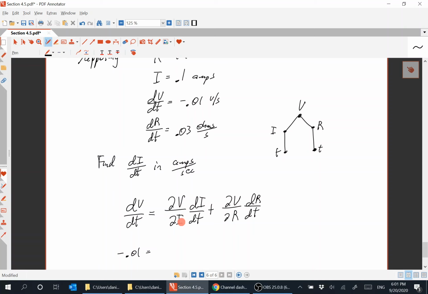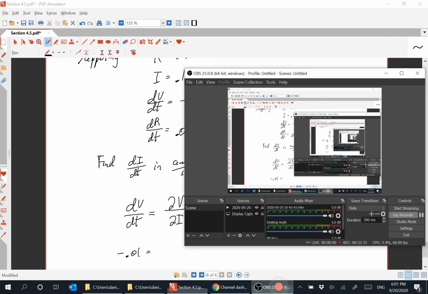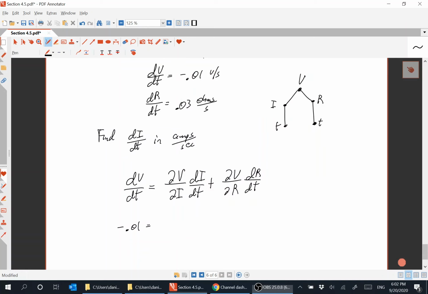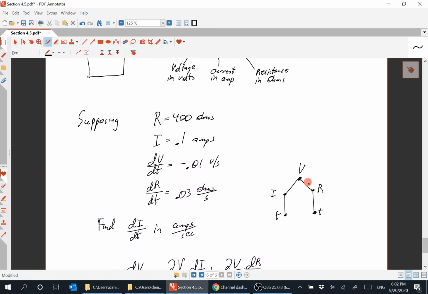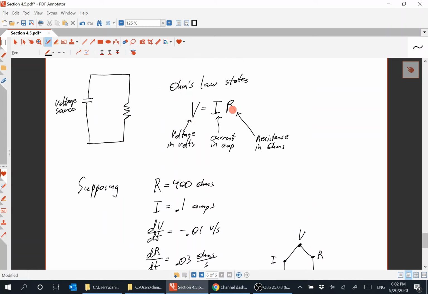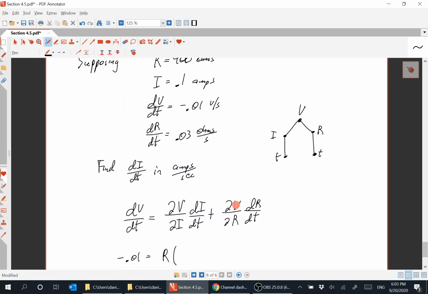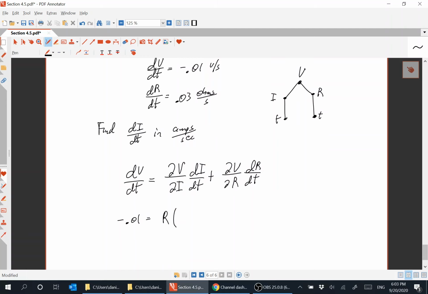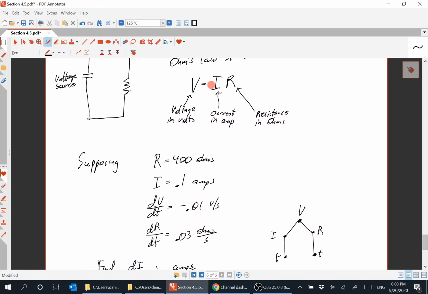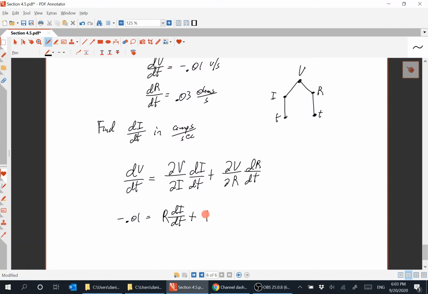The partial derivative of V with respect to I is just R, times dI dt, which is what we're trying to find, plus the partial derivative of V with respect to R, which is just I, which is 0.1 amps, times dR dt, 0.03.